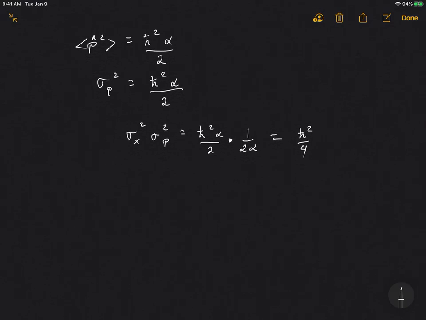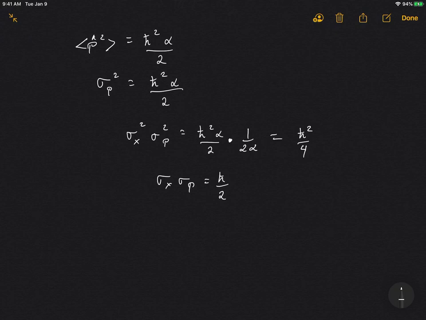Now we can take the square root of both sides at this point, why not? And we get sigma x times sigma p is h bar over 2. So this looks similar to the Heisenberg uncertainty principle.